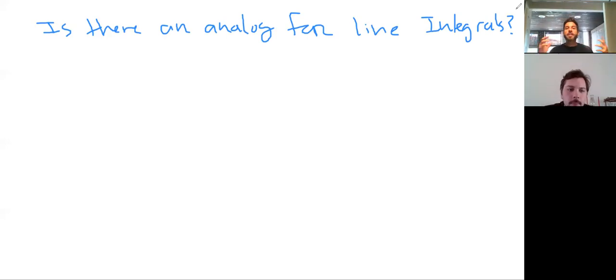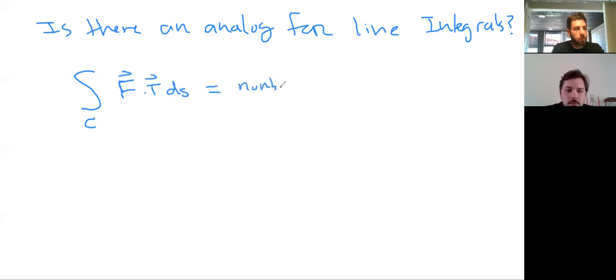Is there some analogy where we're integrating something over a curve, and we want to ask ourselves, is it possible for, say, f dot t ds to be equal to number minus number? That's essentially what we're asking, right?